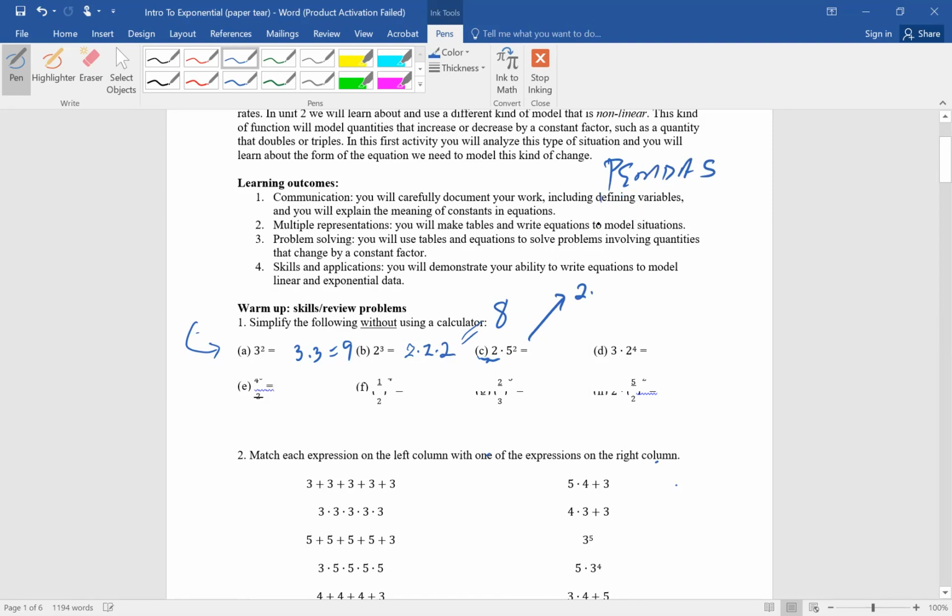So there's no parentheses, but then exponents come next. So in this case, for part C, it would be 2 times 5 times 5, where we have to do that part first, which is 25, so 50. So real quick here, try to do part D. Pause the video and give that a quick shot.